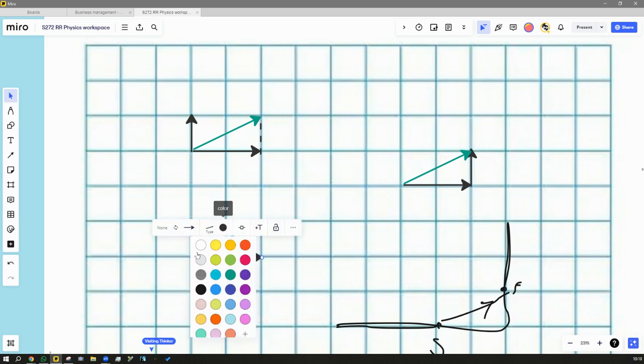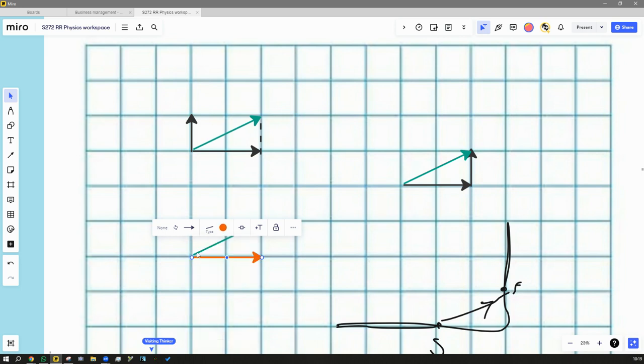So we would say this is the horizontal component, and this is the vertical component of that force. In other words, if we imagine two forces, vertical and horizontal, they would be added together to result in the force that we're actually looking at. So that's what resolving forces is, resolving it into the horizontal and vertical components.